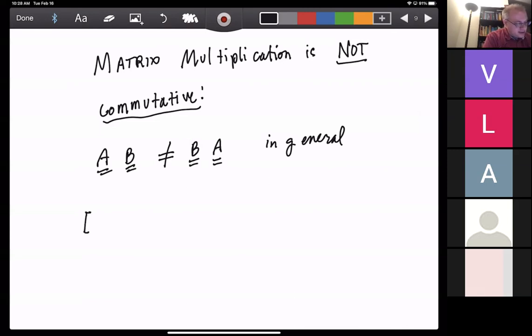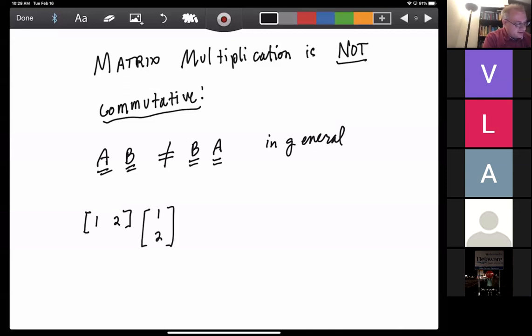So for instance, let me take my matrix A to be 1, 2, and my matrix B to be something that looks similar. So let's see what happens if I reverse the order with these guys.